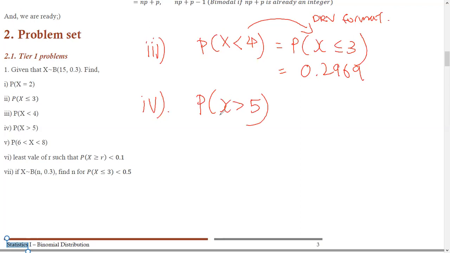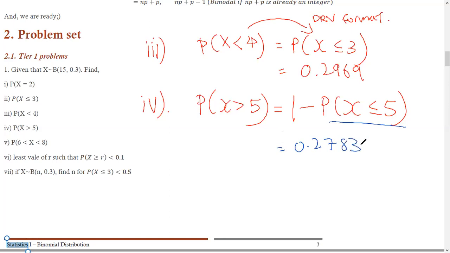We can make use of the complementary case, which is written as 1 minus P(X less than or equals to 5). Once I convert it into this case, I can press the calculator, and the value we'll get is 0.2783.